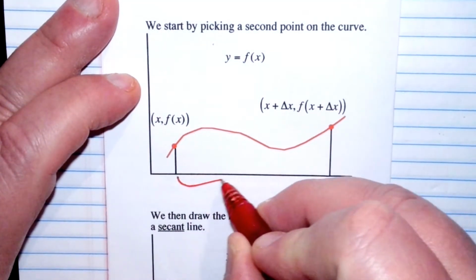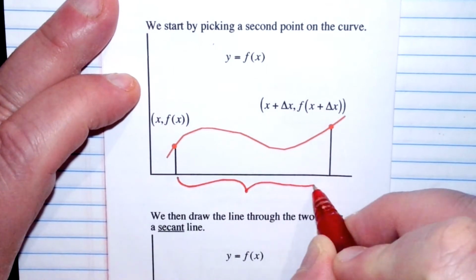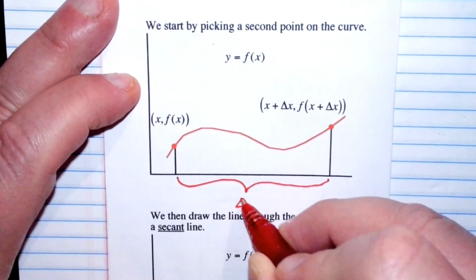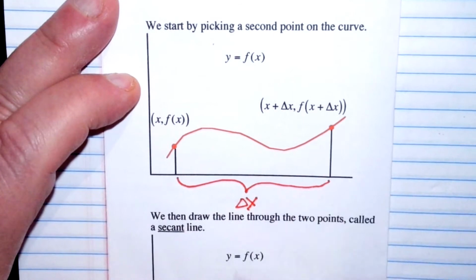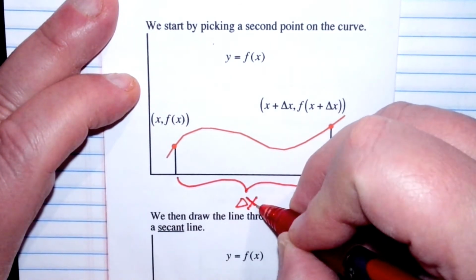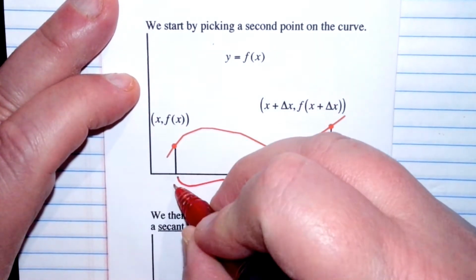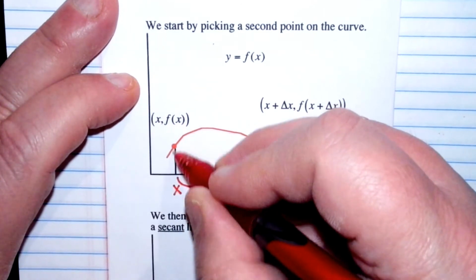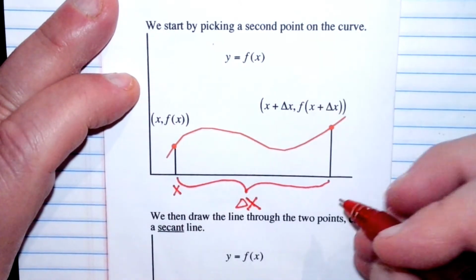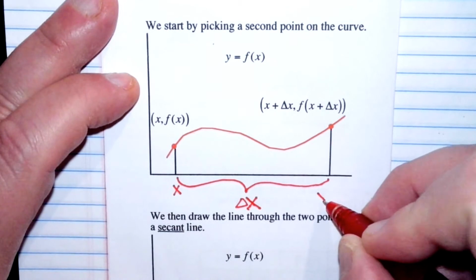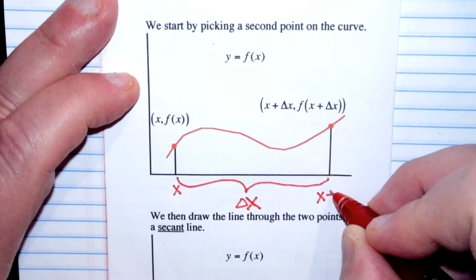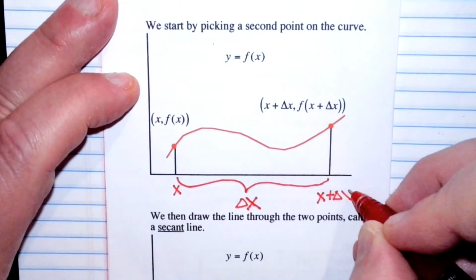Now I'm calling this horizontal distance between the 2 points delta x. You may be familiar with that notation. We use delta to mean a change, and so that represents a change in x. So if the initial point has an x coordinate of just x, then the new point has an x coordinate of x plus delta x.